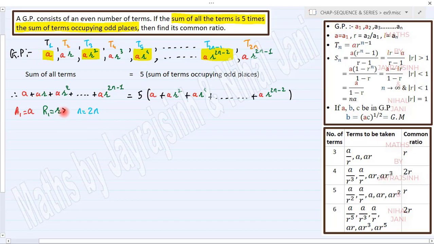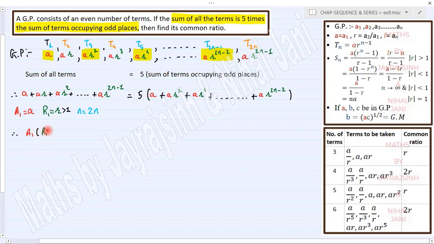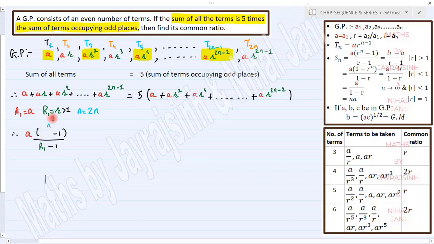So, if we consider r greater than 1, then the formula of summation will be a into r raised to n minus 1 upon r minus 1, where a is small a, the common ratio is r, and the number of terms is 2n.